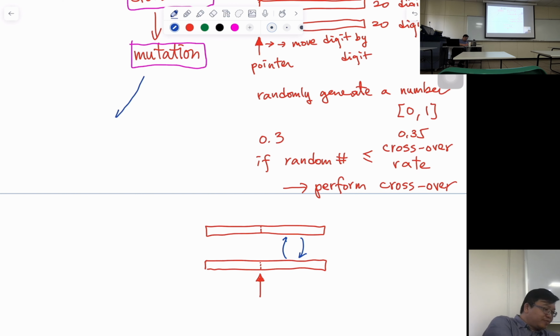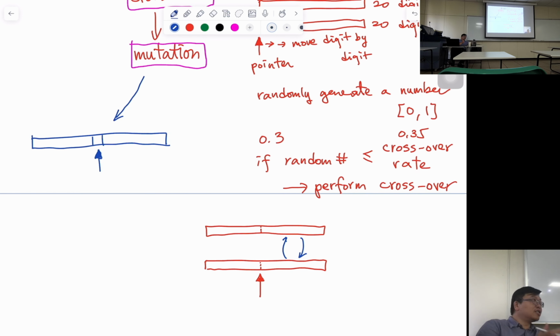For mutation, usually it only works on one chromosome, and the pointer points at the digits.